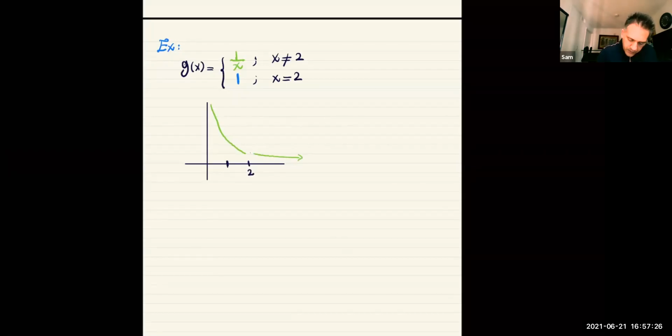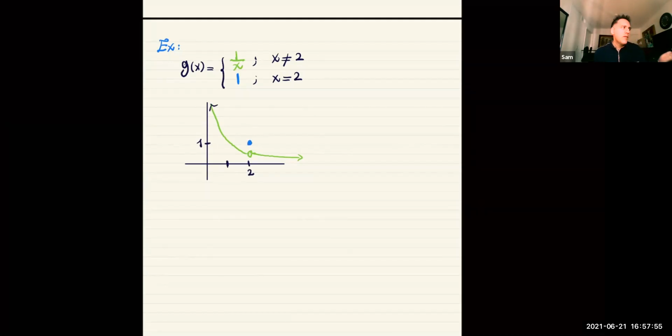And again, there's a hole over here because 2 is out. Now, if I were to put 2 into the function, what do I get? I get 1/2, right? It would have been 1/2 if the point was actually there. So what I'm doing is removing that point at 1/2 and putting it somewhere else. I'm putting it at 1, right here.